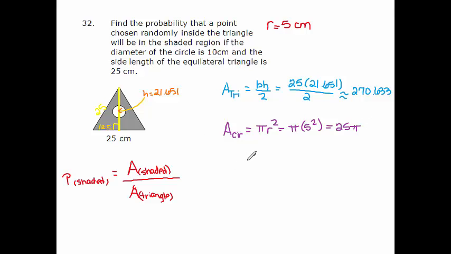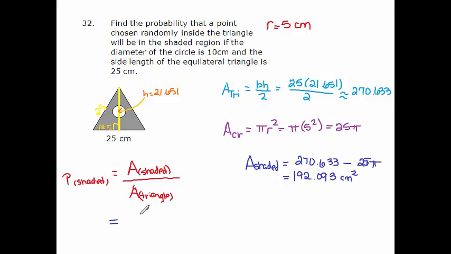So now I have the information to find the area of the shaded region. It is the total area of the triangle minus the circle, which is approximately 192.093.